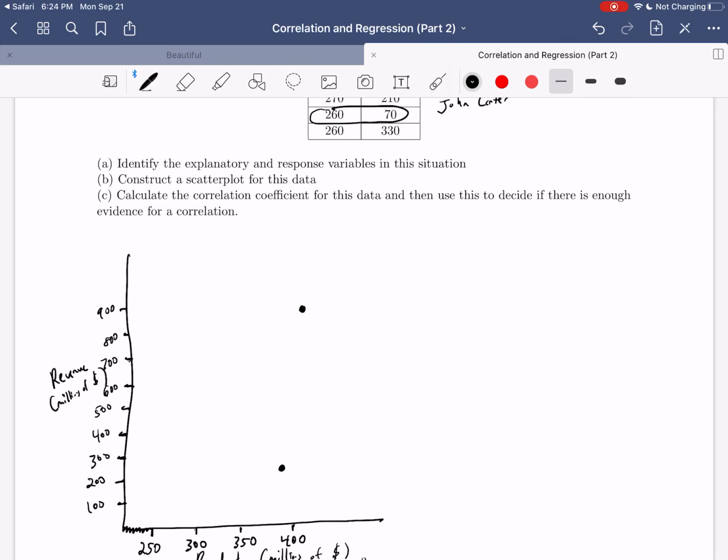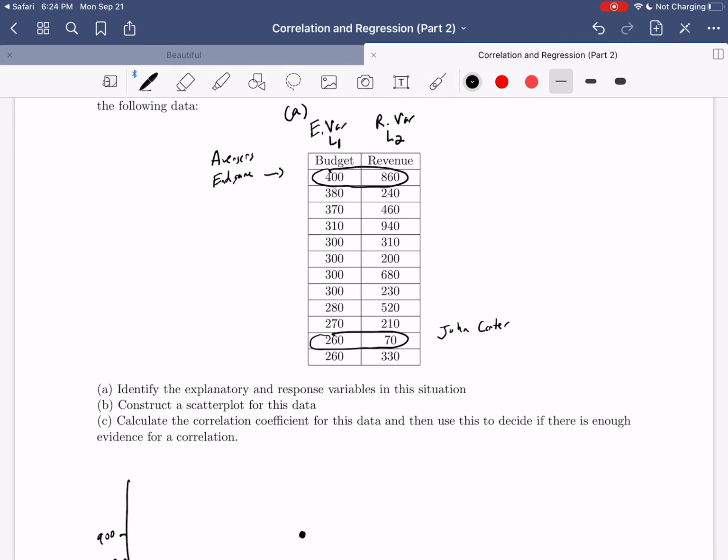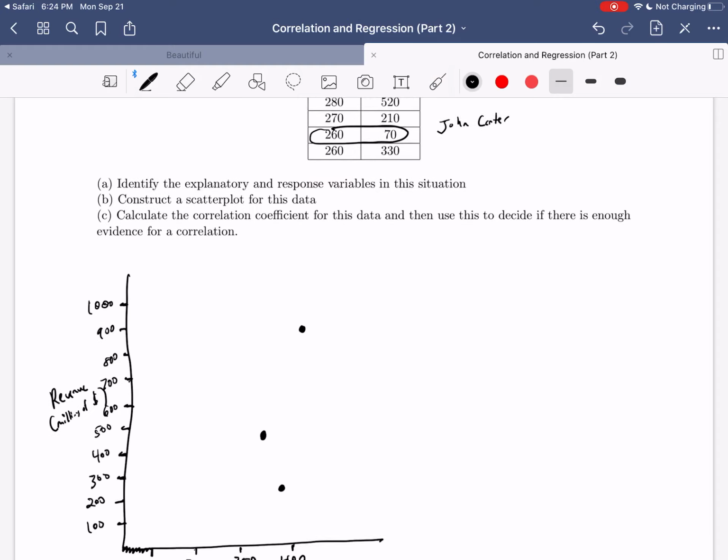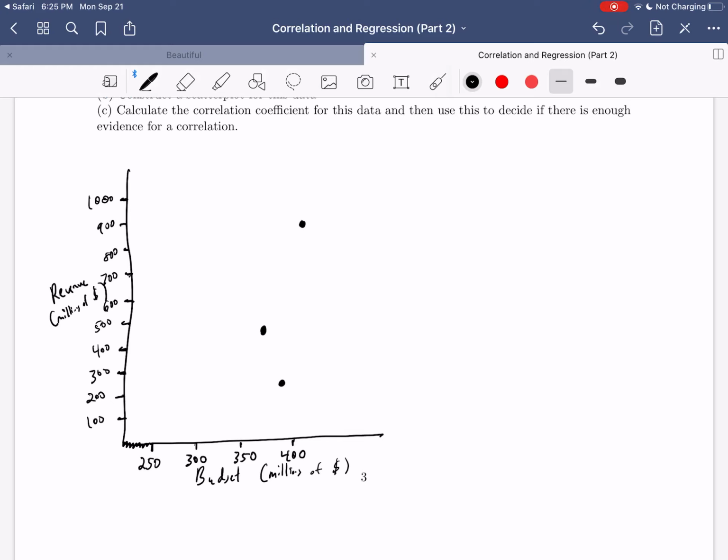So 370 and 460 looks like maybe right about there. Okay. Then we had 310 and 940. Oh, I misread it. There's the highest revenue, so we actually need to go one more up to 1,000. My apologies there. So we had 310 and 940. So 310 and 940, that is way up there.